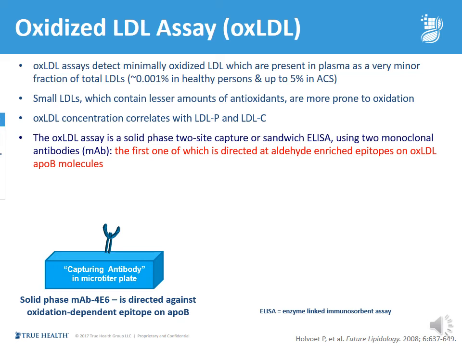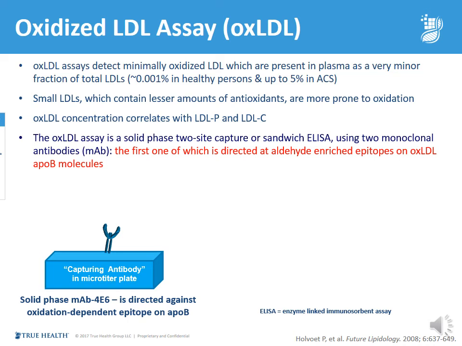A sandwich has two slices of bread. One slice may be interacting with mustard and the other slice with, say, lettuce or what's on the other side of the sandwich. And that's exactly how this technique is going to work in the laboratory.